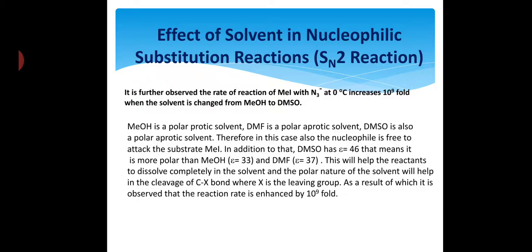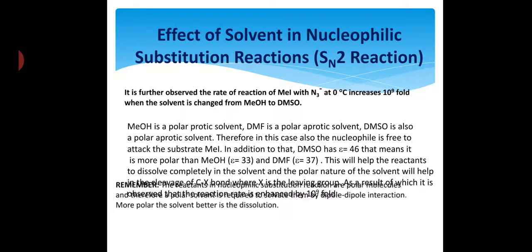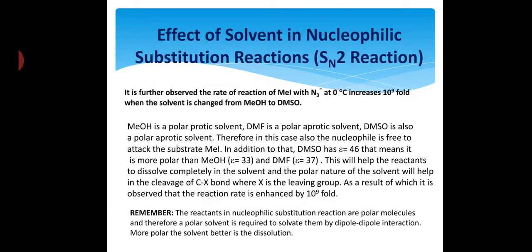This is because DMSO has dielectric constant value 46, which is higher than methanol and DMF. This makes the solvent more polar, and this helps the reactant molecules to dissolve completely and will help in the cleavage of C-X bond, where X is a leaving group. Therefore, the rate of the reaction increases 10 to the power 9 folds.